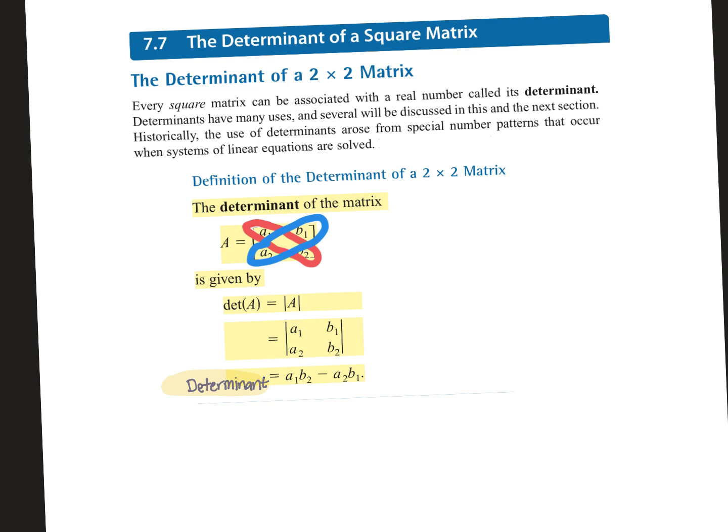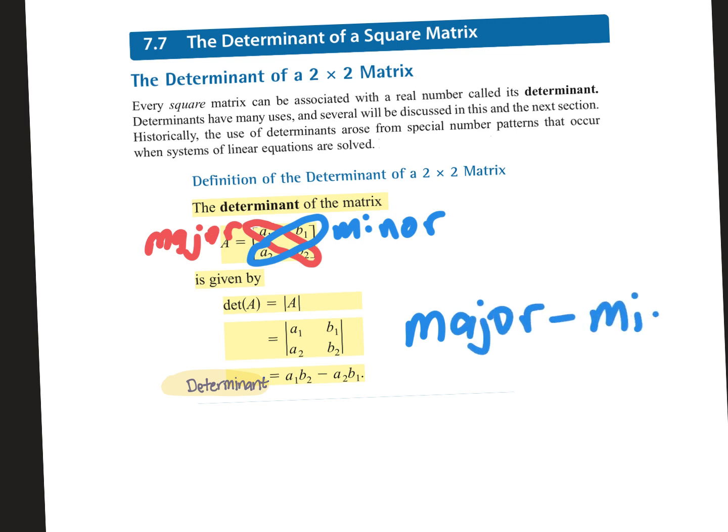We're going to call red the major, and we're going to call blue the minor. I want you to just think of top left, bottom right is major, top right, bottom left is minor. And we're going to say that the determinant value is major minus the minor. Things are a little bit different when we have a 3 by 3, but we'll talk about that in a second.